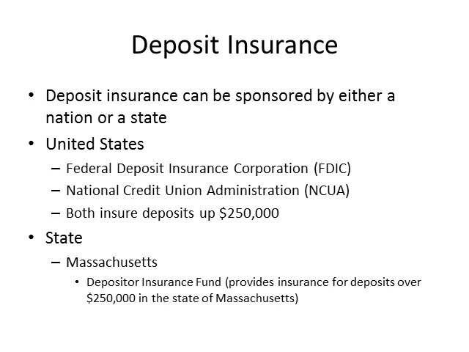The FDIC and the NCUA protect consumers in two ways. First, they help financially troubled institutions find a buyer who can take over the customers' deposits. Second, if a buyer cannot be found, then the FDIC or the NCUA will reimburse the depositor directly. In the state of Massachusetts, the state government also insures deposits over $250,000.